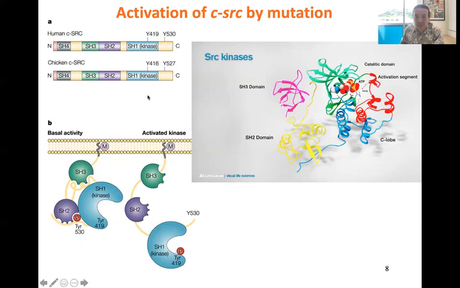All right. So let's look at something like the chicken Src. We said the researchers who were first looking at Rous sarcoma virus identified that the virus had something different going on in it.